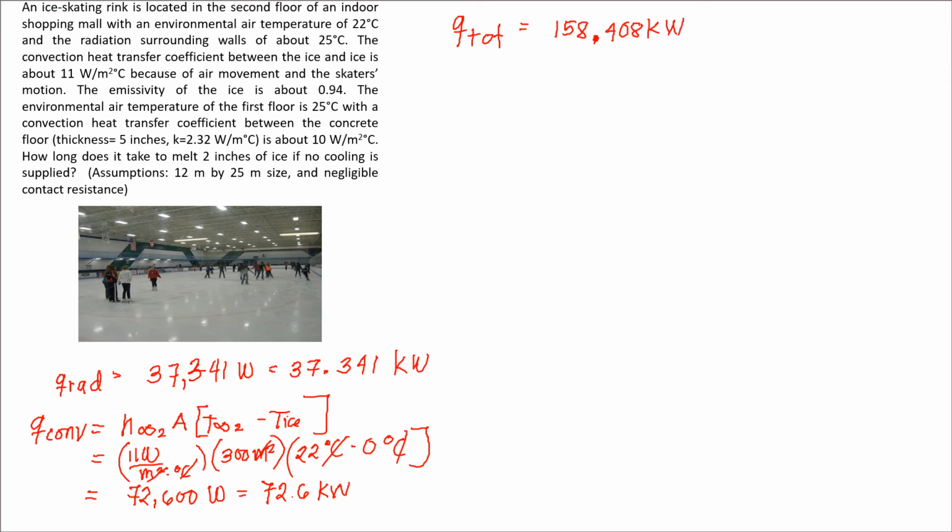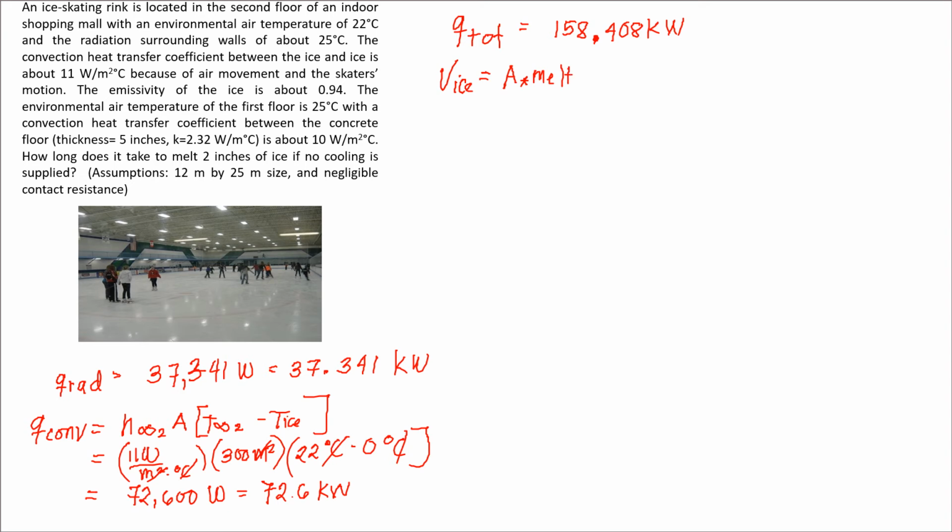Now, also, the volume of the ice that is to be melted is just equal to the area times the x, or the height of the melt.